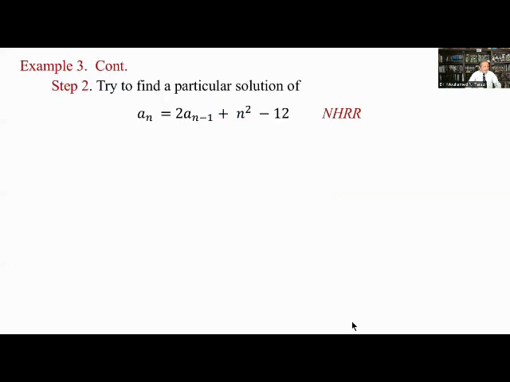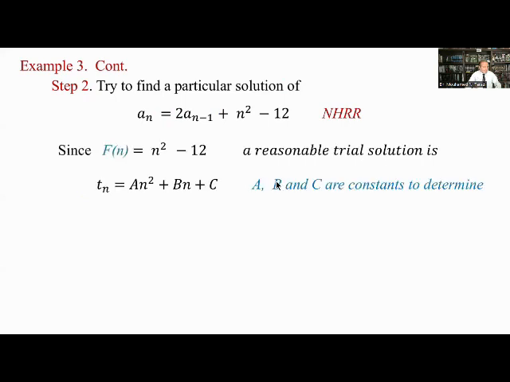Now we try to find a particular solution of the non-homogeneous recurrence relation. And since this one is a polynomial of degree 2, we will try to find a particular solution as a polynomial of degree 2. So we set it up this way. So this is a polynomial of degree 2. Now a, b and c are unknown constants to be determined.